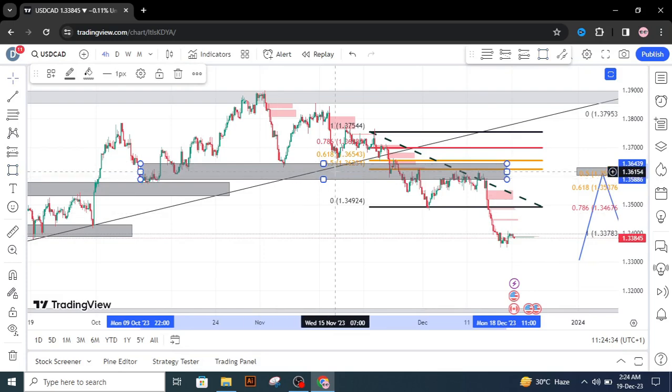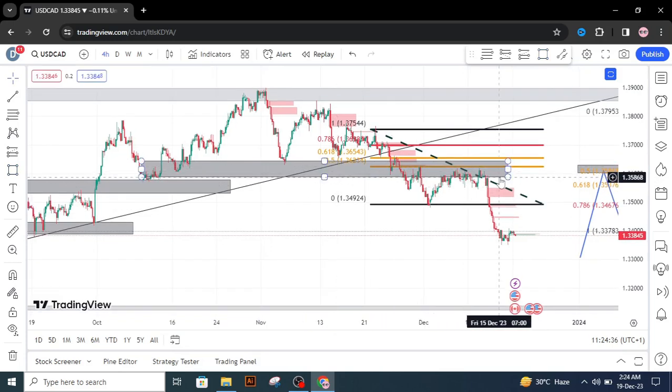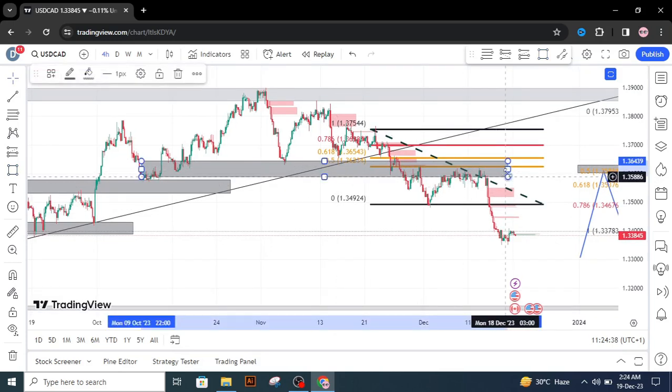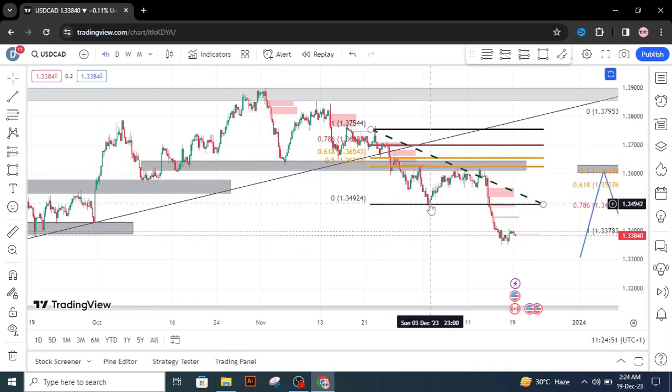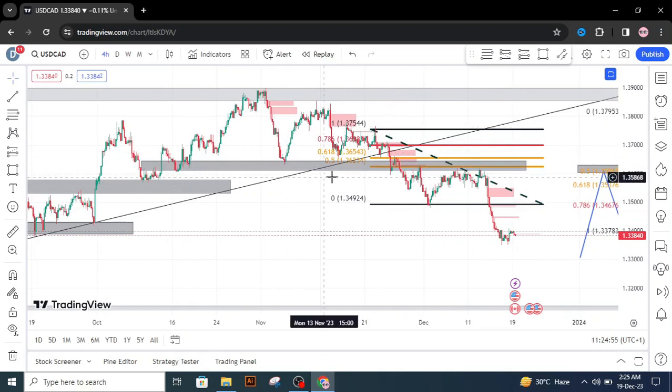Look at the whole thing. Let me adjust it so you can see very well. Boom. So you can see this is one touch, two touch, three touch, then it comes, touches it, moves down, comes back again, touches it, and then moves down again. So this is what you should be looking out for.